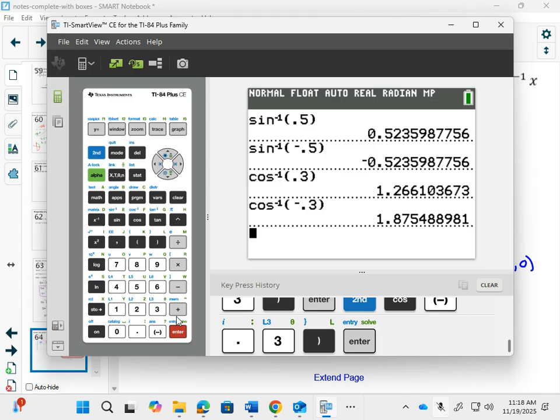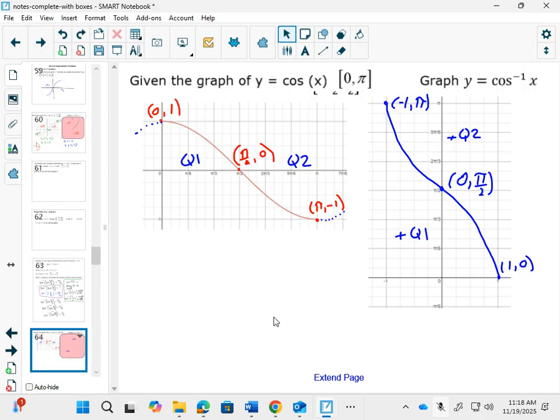So in grades 11 and 12 we said, when you're finding a reference angle, only do the positive value. And the reason for this is because the negative answers can sometimes throw you off, especially with cos. Because for cos to pass the horizontal line test, it can use positive answers in quadrant 1 and positive answers in quadrant 2.